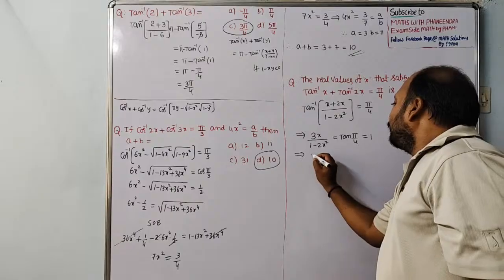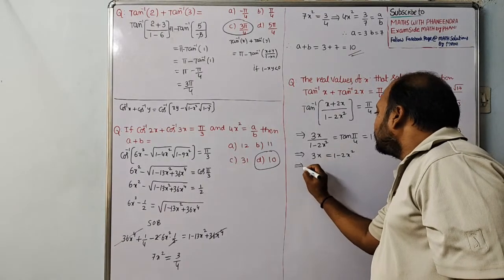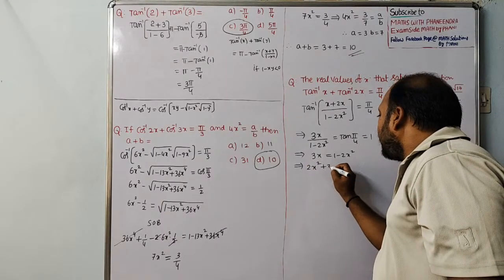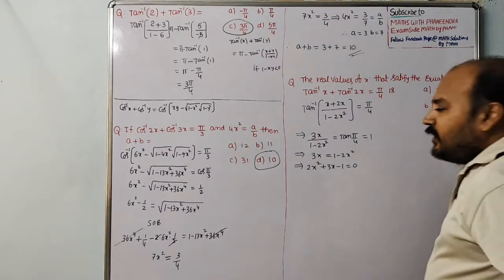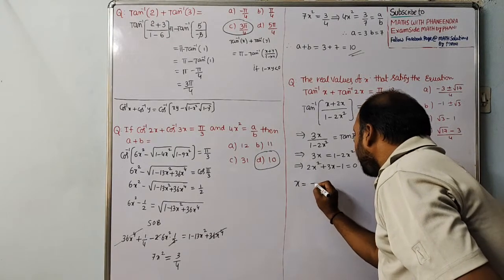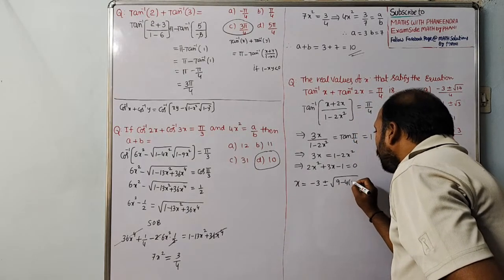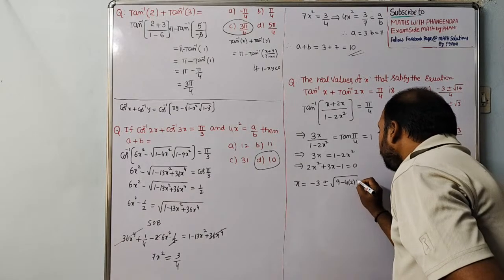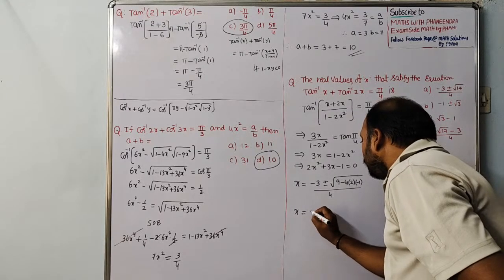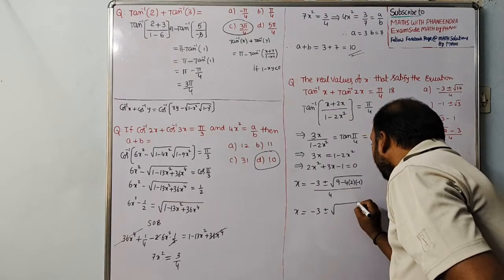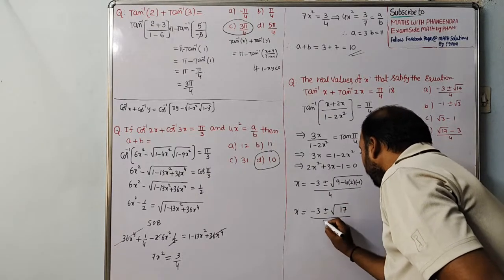So 3x is equal to 1 minus 2x square. Minus 2x square, bring this side: 2x square plus 3x minus 1 equal to 0. It is a quadratic equation. By finding the roots, x equal to minus b plus or minus root of b square minus 4ac, over 2a. 4 into 2 into minus 1, and 2 into 2 is 4. x equal to minus 3 plus or minus root of 9 plus 8, which is 17, divided by 4.